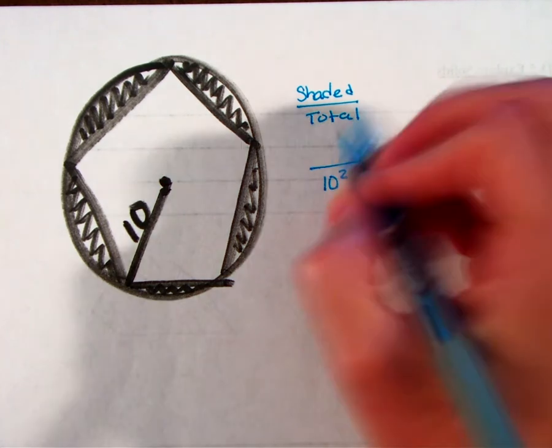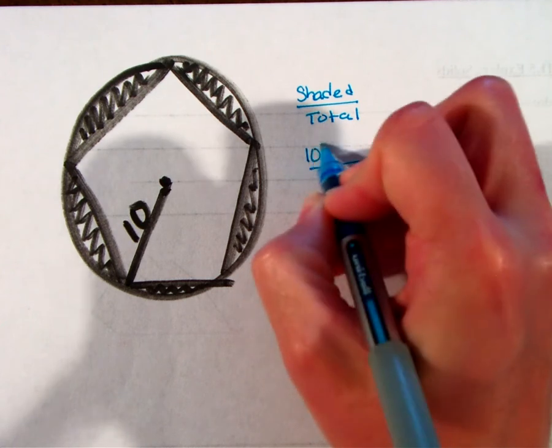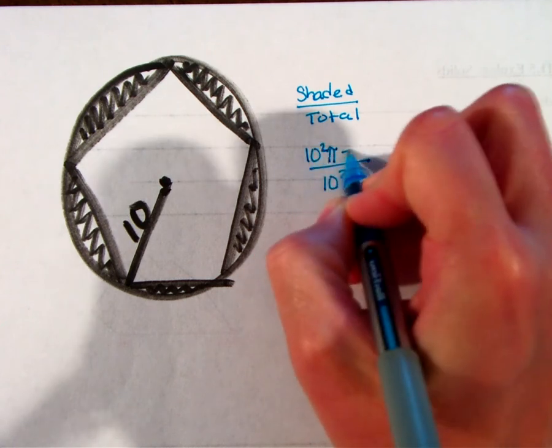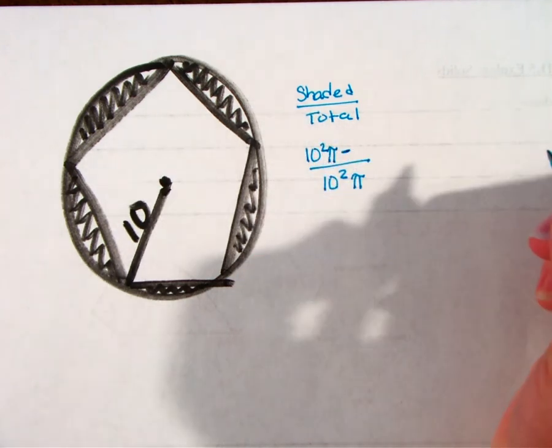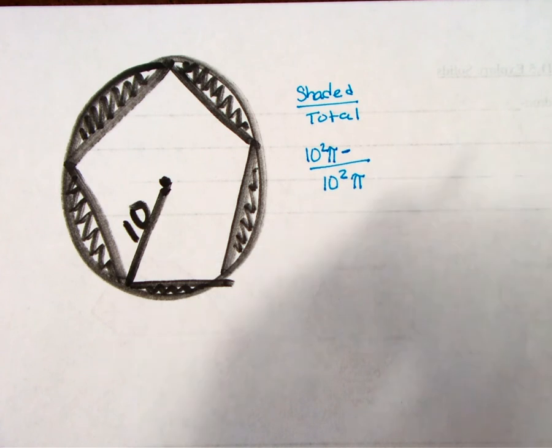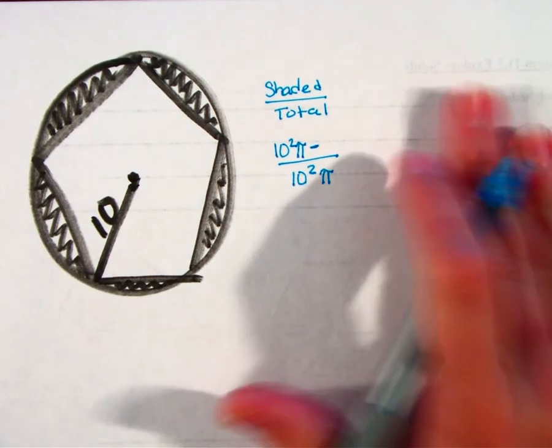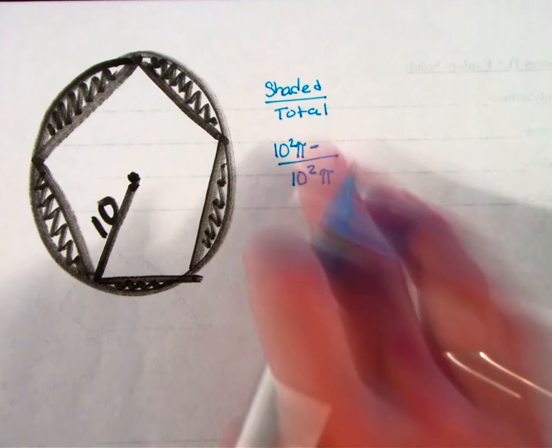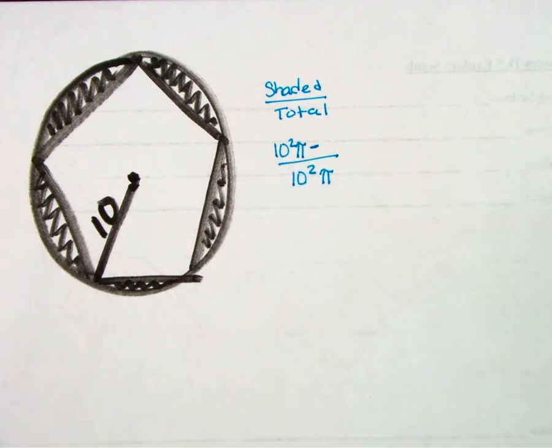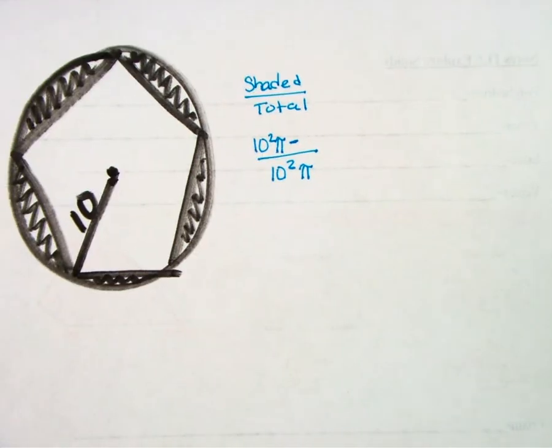The shaded, in this case, is going to be the big shape minus the pentagon. Now what I'm going to do is slide over to this extra space over here, and we're going to work through the pentagon, and then I'll bring that number back over here.